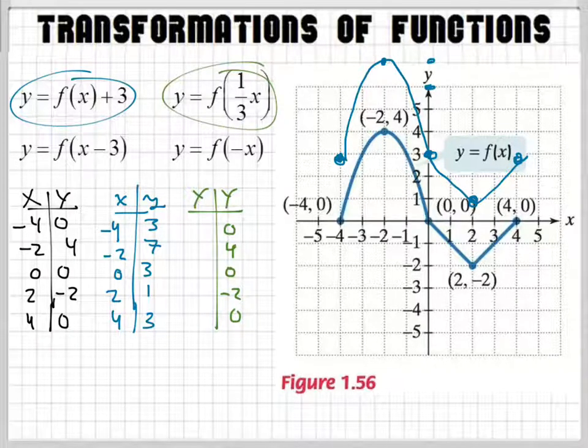So if you're multiplying by 1/3, what's the inverse of multiplying by 1/3? Dividing by 1/3, which is the same as multiplying by 3, right? So you would take all these x values, multiply them by 3. So this would be a negative 12, a negative 6, a 0, 6, and then 4 times 3 would be 12.